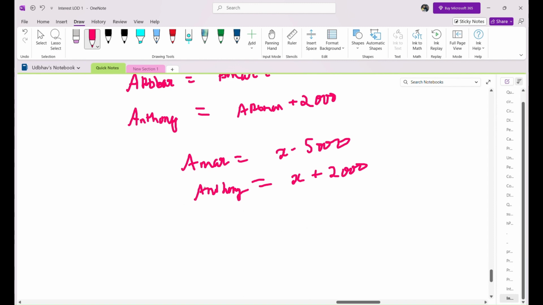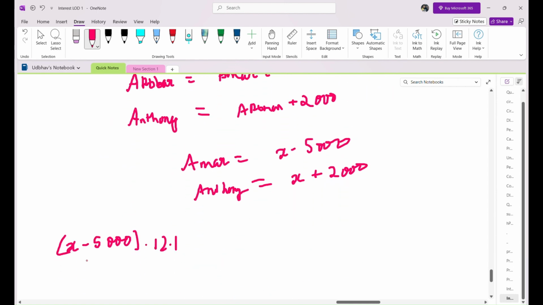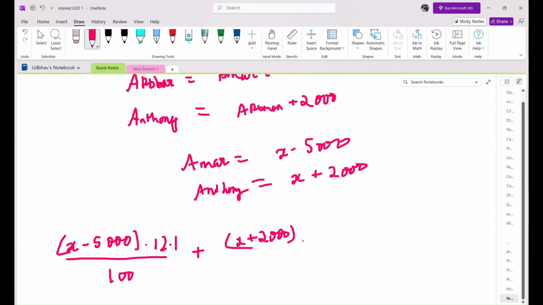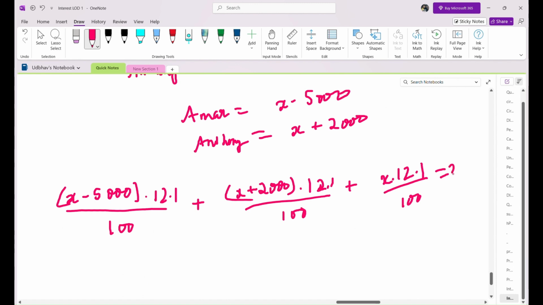So for Amar, simple interest will be X minus 5,000 into the rate of interest, fixed for everyone at 12%, time 1 year, upon 100, plus X plus 2,000 into 12% into 1 upon 100, plus X into 12 into 1 upon 100, and the total interest is given as 3240.